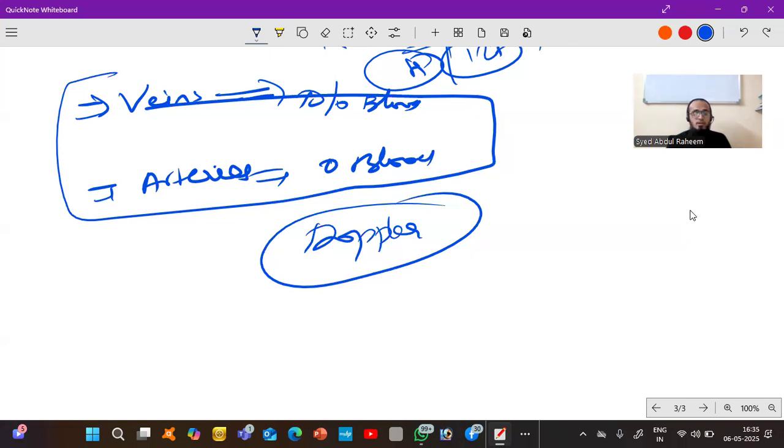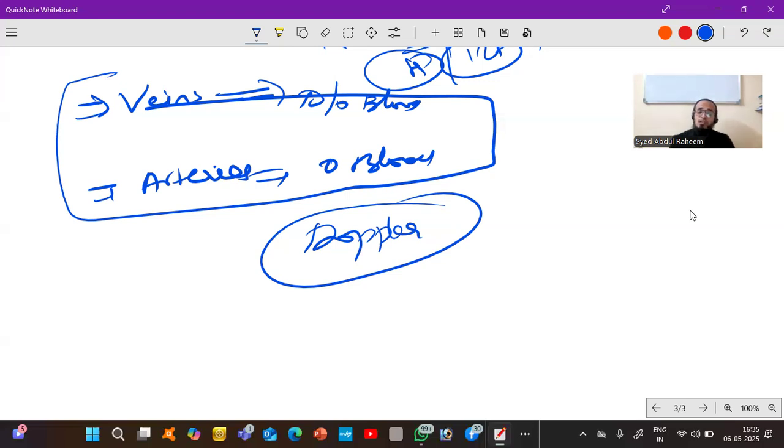This is an important test for whoever has circulation-related issues, like varicose veins. Most of us have an idea about varicose veins, or other conditions like any arterial blockage or venous blockage.